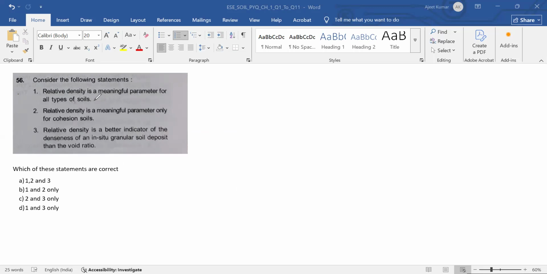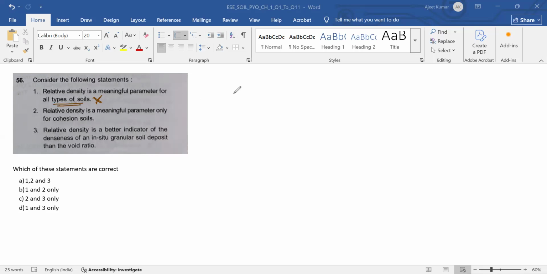This is wrong because relative density is not a meaningful parameter in case of clay. It is a meaningful parameter in case of sands.